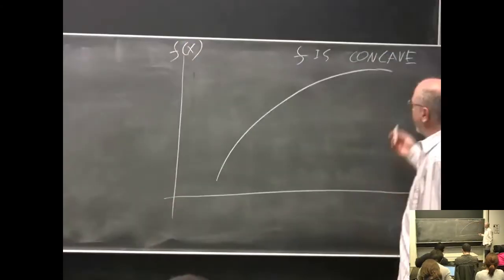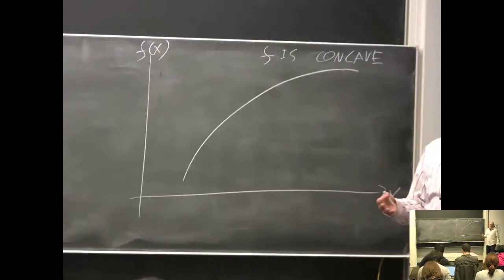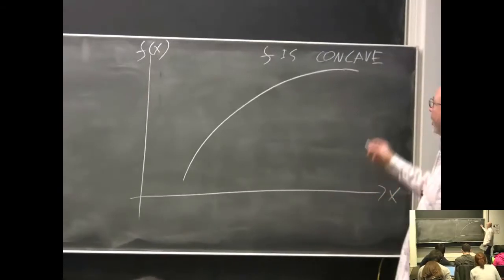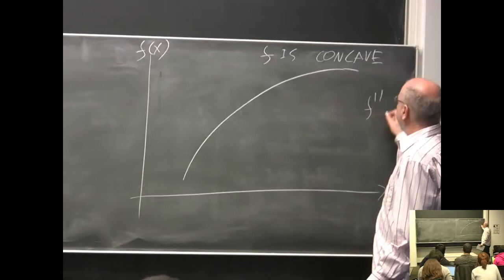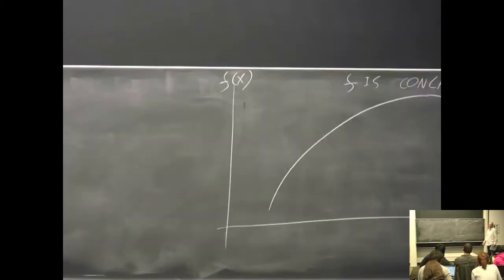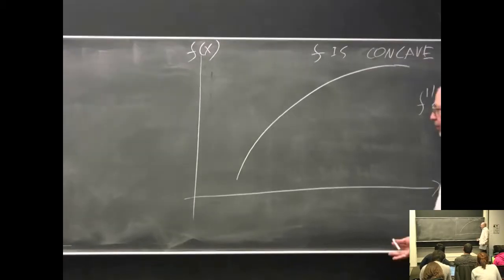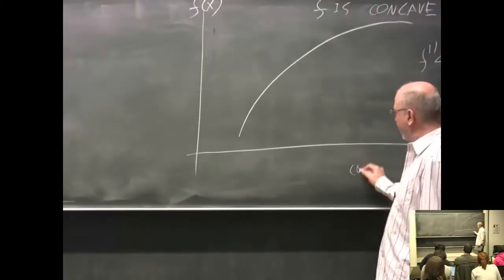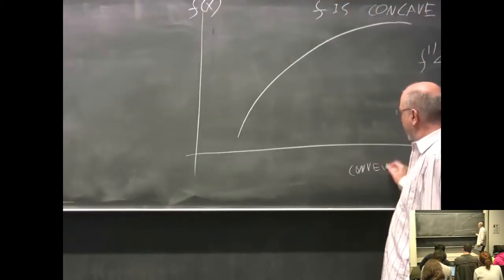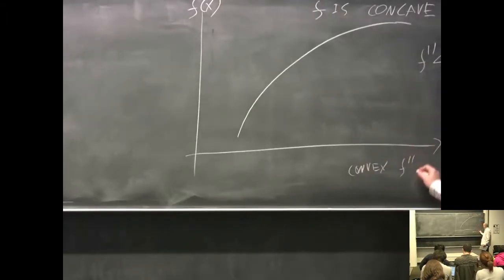And in one dimension, there's a very simple condition for concavity, and that is that the second derivative is strictly negative. Conversely, we could say that the function is convex if its second derivative is strictly positive. That means the function goes like this.